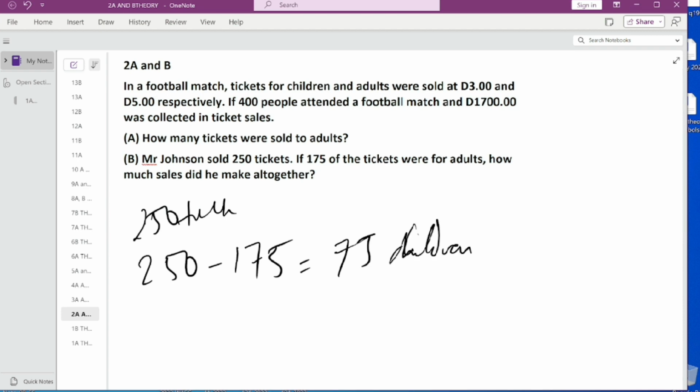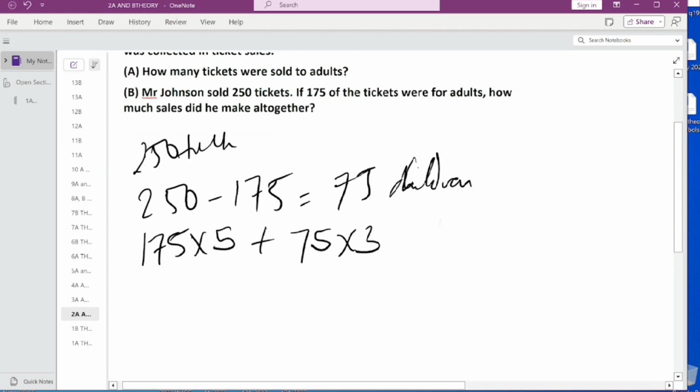And we know the price per adult and the price per child. So the price per child is D3, and for the adult is D5. Since we are trying to know the sales he made, we have 175, which shows the number of adults, times the price per ticket, which is 5, plus the number of children, 75, times the price per child, that's 3.